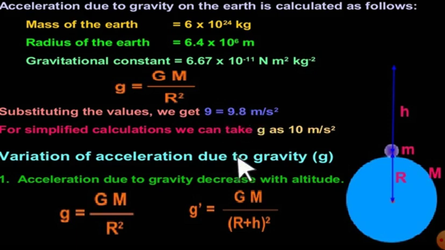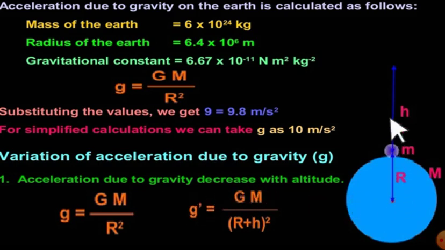Okay. Now this acceleration due to gravity varies its value depending upon various factors. Let's take a quick look at these different factors on which acceleration due to gravity depends. Now acceleration due to gravity decreases with altitude.